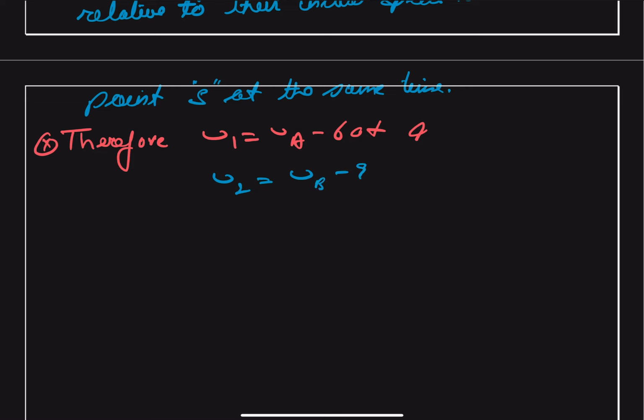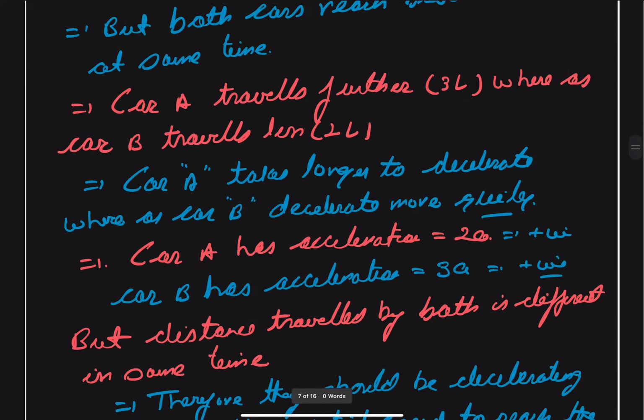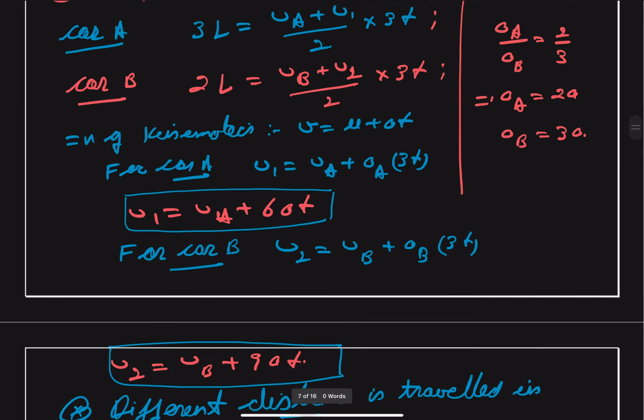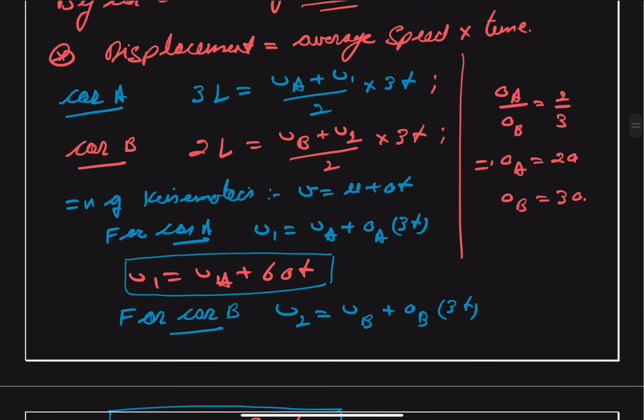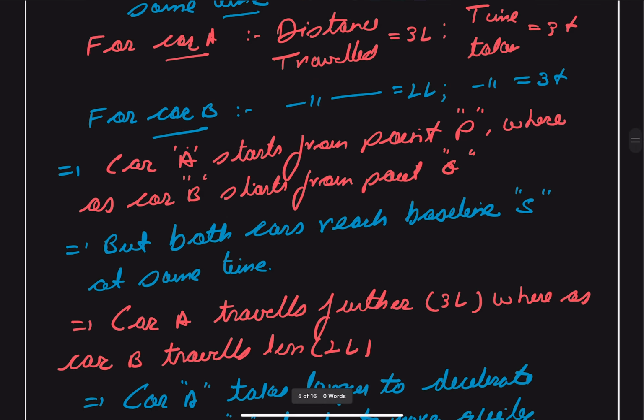This was the important part here. Now the rest we can easily solve. We already know the two equations for car A and car B.